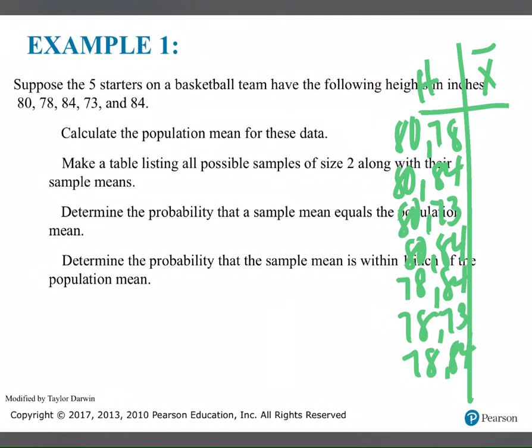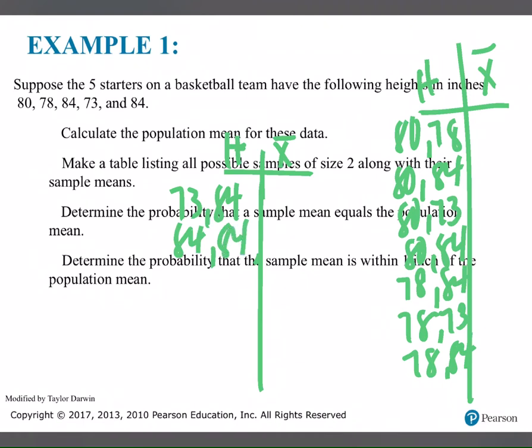I'm already running out of room, so I'm going to keep it going. 84 and 73, 84 and 84, and 73 and 84. Those last two need to go together.